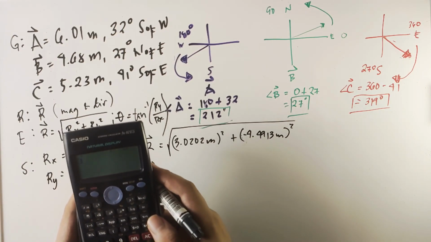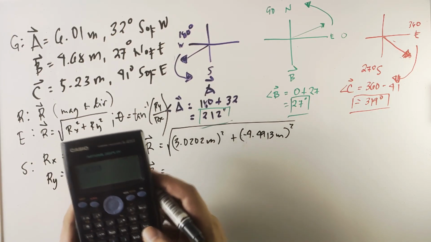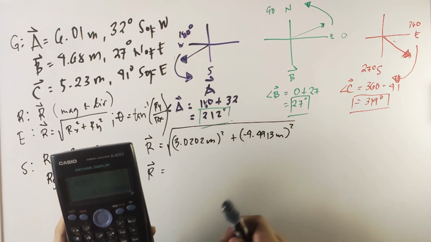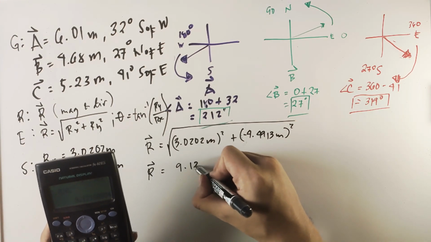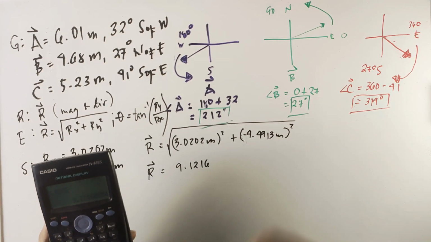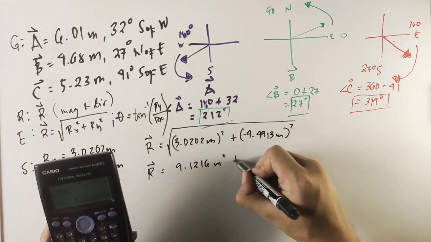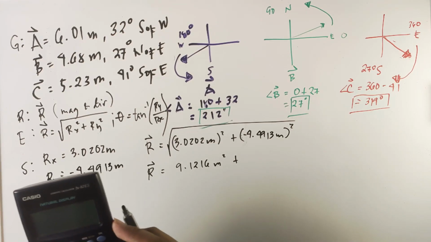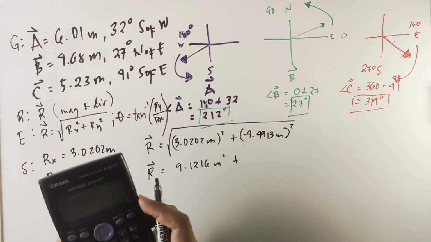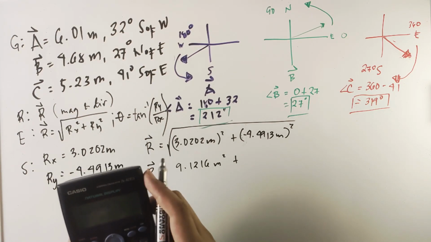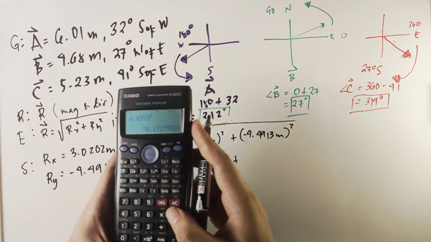So let's first do that. So 3.0202 squared is 9.1216 meters squared. Okay, then this one is negative 4.4913 squared. So that's, can you see it?